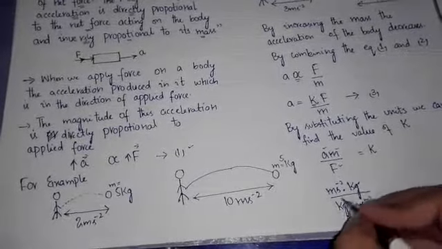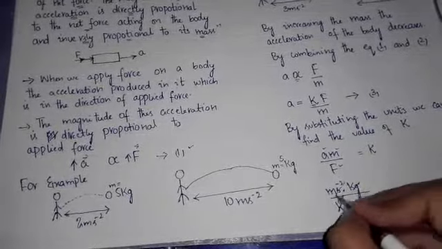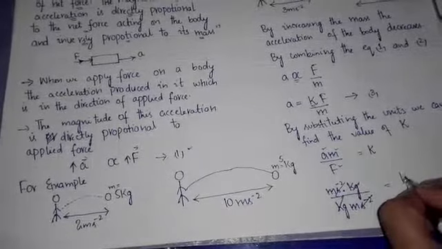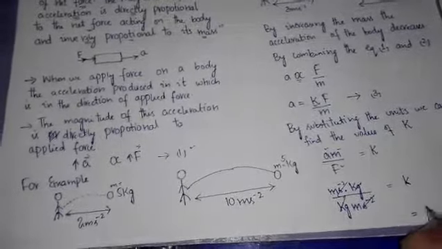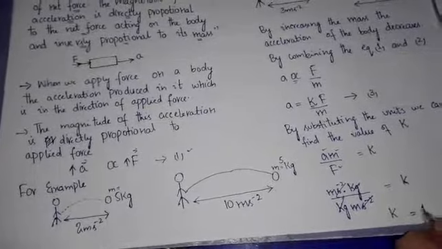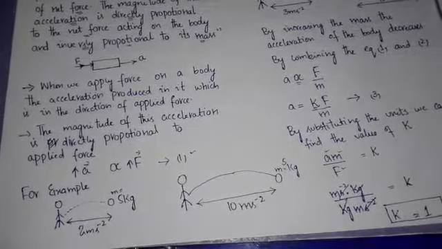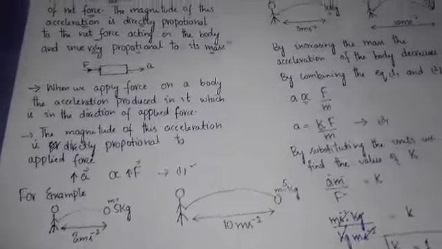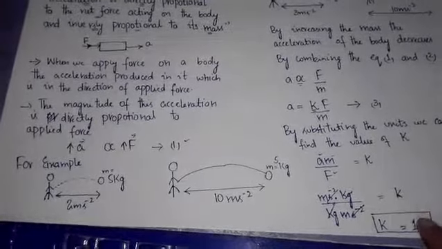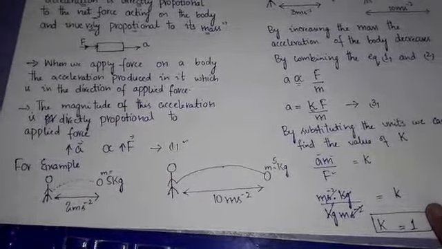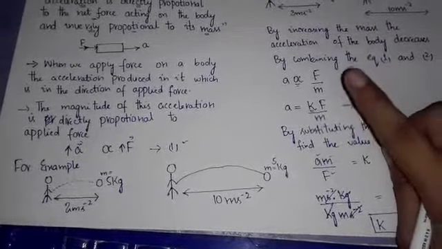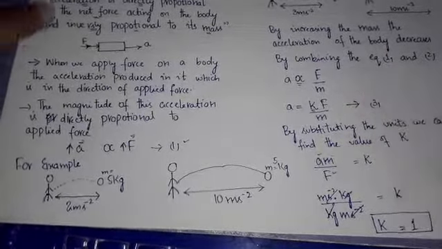So kg will cancel with this, meter per second square will cancel with this, and we have the value of k equal to 1. So we substitute this value of k equal to 1 in equation number 3.